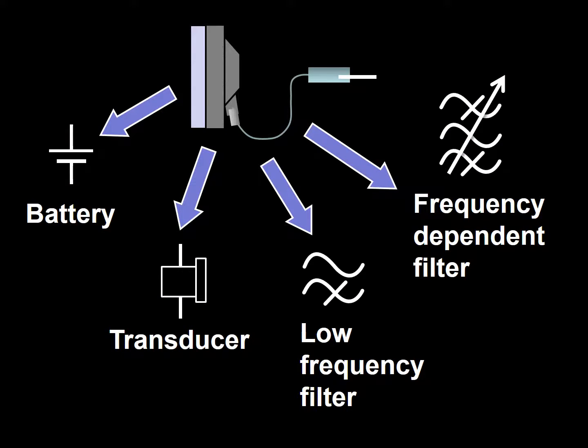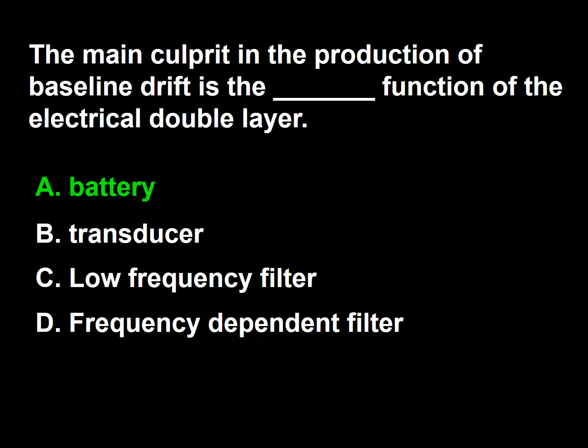As you can remember from the prior talk about surface electrodes, the reactions that take place in the electrolyte-electrode interface render it the function of a battery, a transducer, a low frequency filter, and a frequency dependent filter. Well, the main culprit in the production of baseline drift is the battery function of the electrical double layer. So the answer to this question is A.